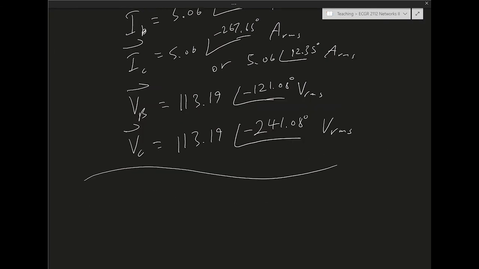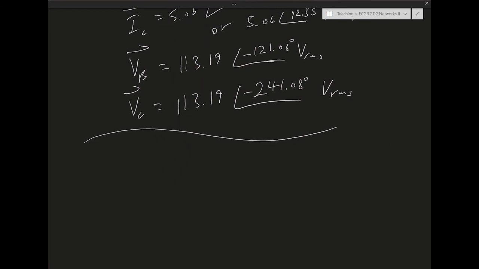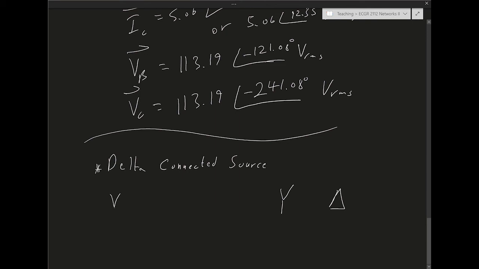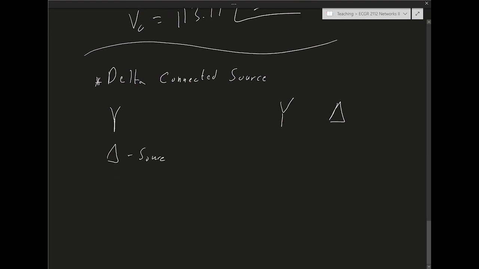All right, now we want to move towards discussing delta connected sources. We discussed Y connected loads and delta connected loads, and we connected those to Y sources, but we could also have delta sources, which would look kind of like this.